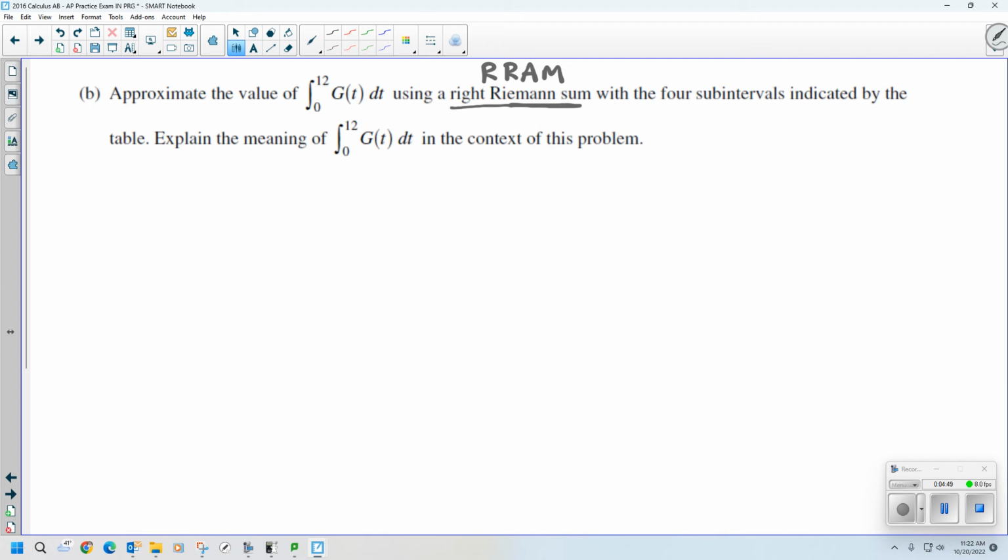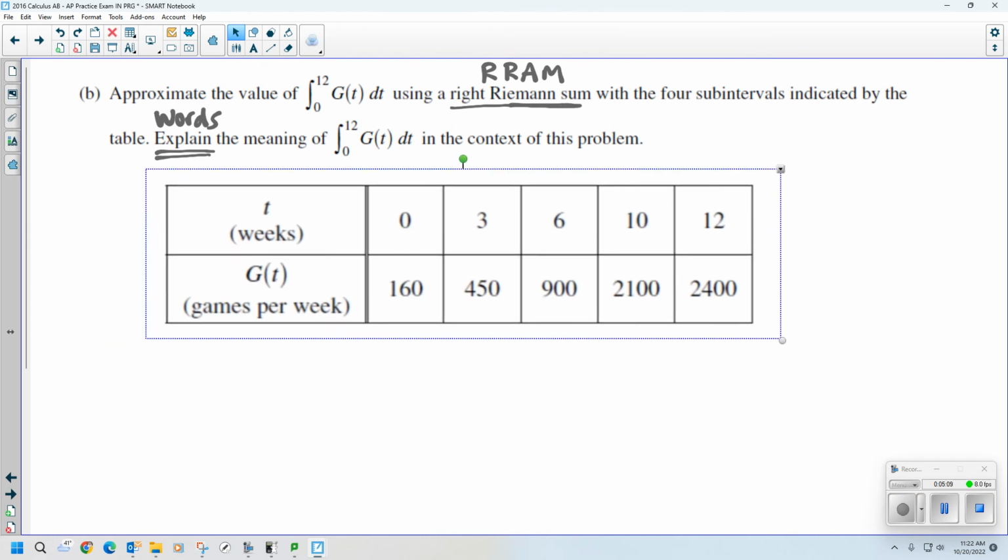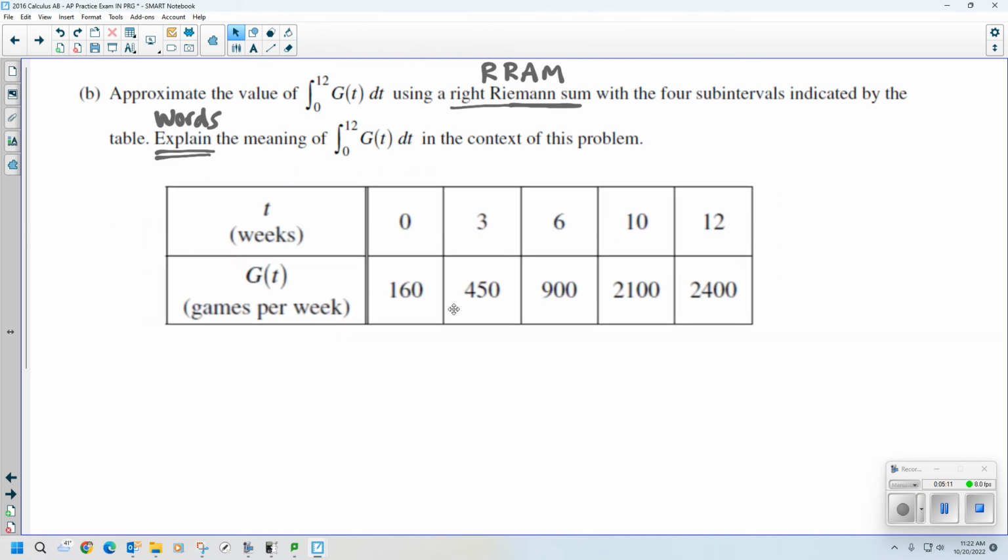Explain, using words. I know I love using numbers, but let's use words. Explain the meaning of what that integral represents in the context of the problem. All right, well, let's bring our table back up. Here we go. Right there.